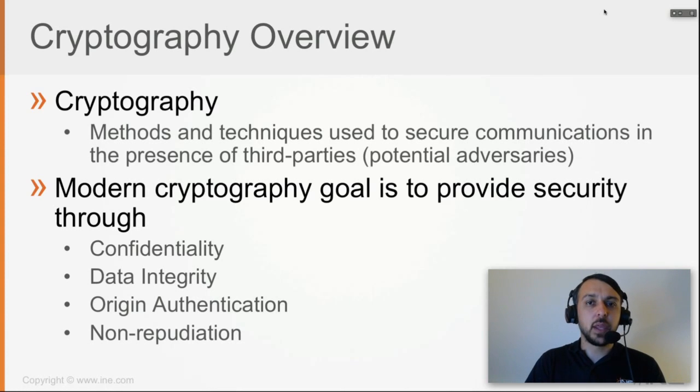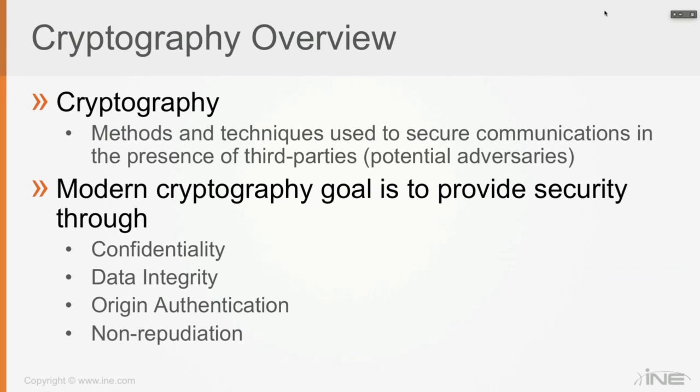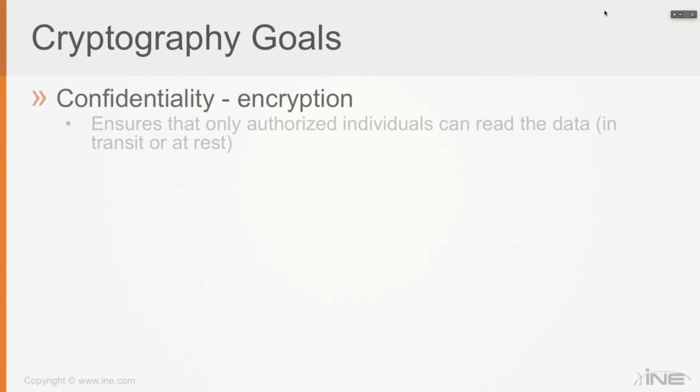Or at rest, say you have usernames and passwords stored in a database, you wouldn't want somebody unauthorized to go in that database, read the passwords in clear text, and modify them as they please. Origin authentication means that we want to make sure that traffic is being received from the right person, and non-repudiation. We'll also speak in a couple of minutes about what that means.